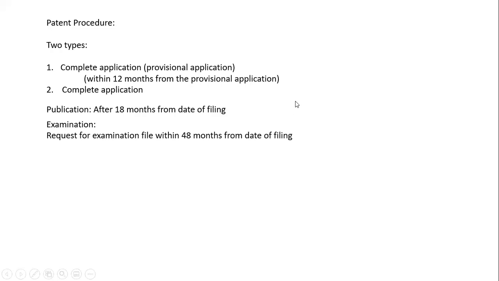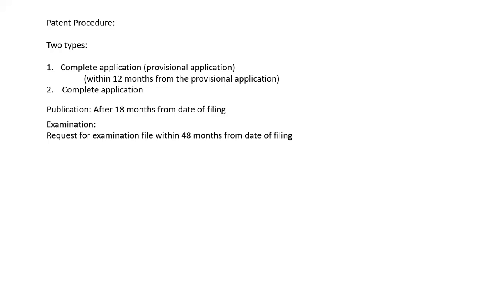After the publication, there is examination of the application. You have to file the examination request within 48 months from the date of filing of the application. The 48 months start from the filing date of your application.